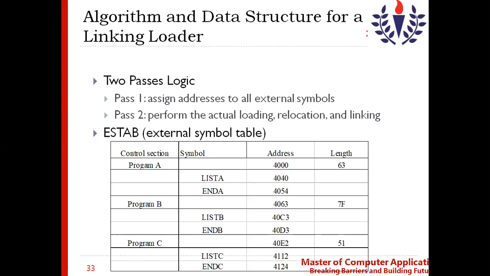If any external symbols are used in a control section, those symbols are resolved using the loader and linker concept. I explained in the previous session exactly how the linking process works.